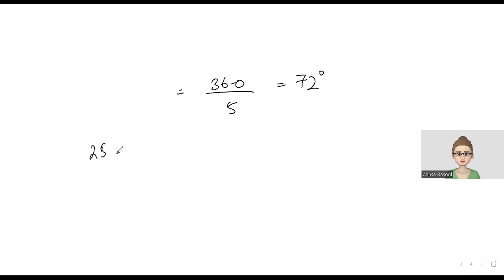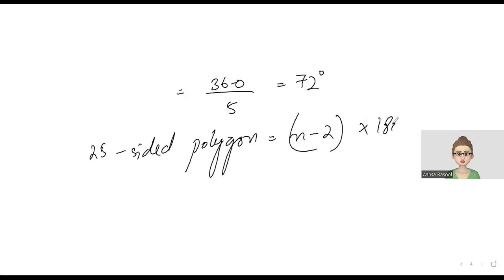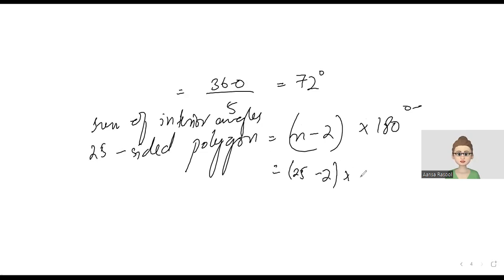Similarly, suppose they ask you about a 25-sided polygon. No worries. You will just do (n minus 2) into 180 degrees for the sum of interior angles. So 25 minus 2 is 23. 23 into 180 is 4140 degrees.